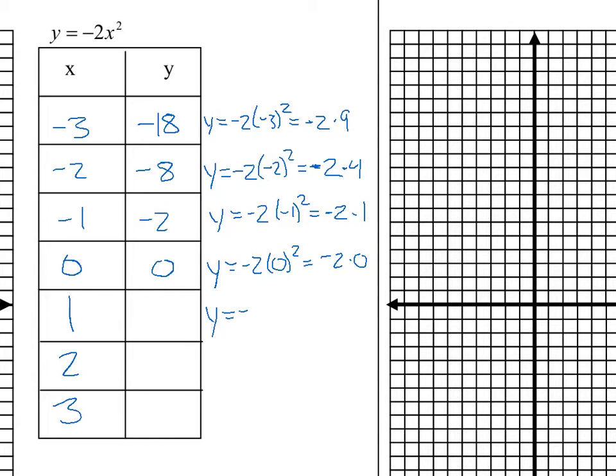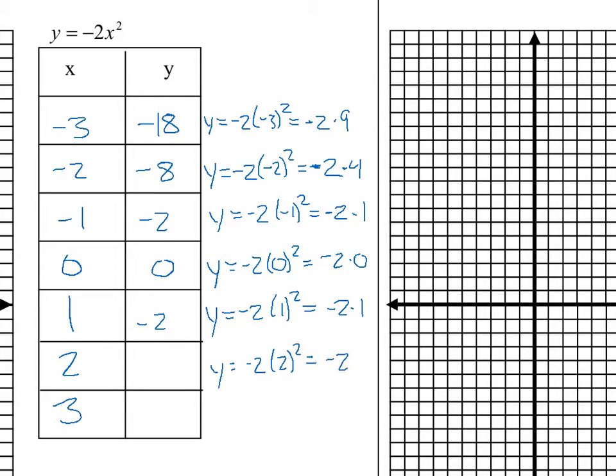Y equals negative 2 times 1 squared. 1 squared is 1. Negative 2 times 1 is negative 2. Y equals negative 2 times 2 squared. 2 squared is 4.